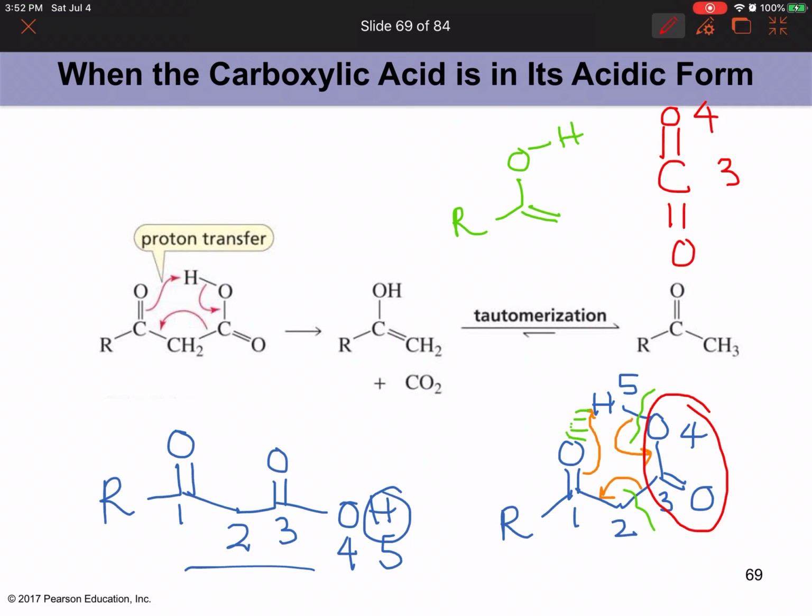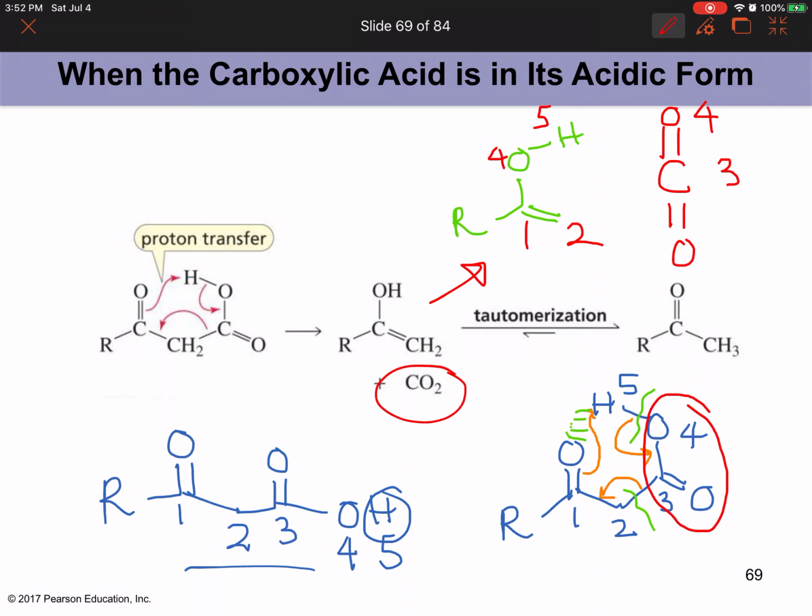Between 2 and 3 it broke, so this is 2, and this is 1, this is 4, this is 5. So what's happening? By this process, do you see that we have generated a carbon dioxide molecule? So carbon dioxide is generated. And then the other part is this, I just drew.